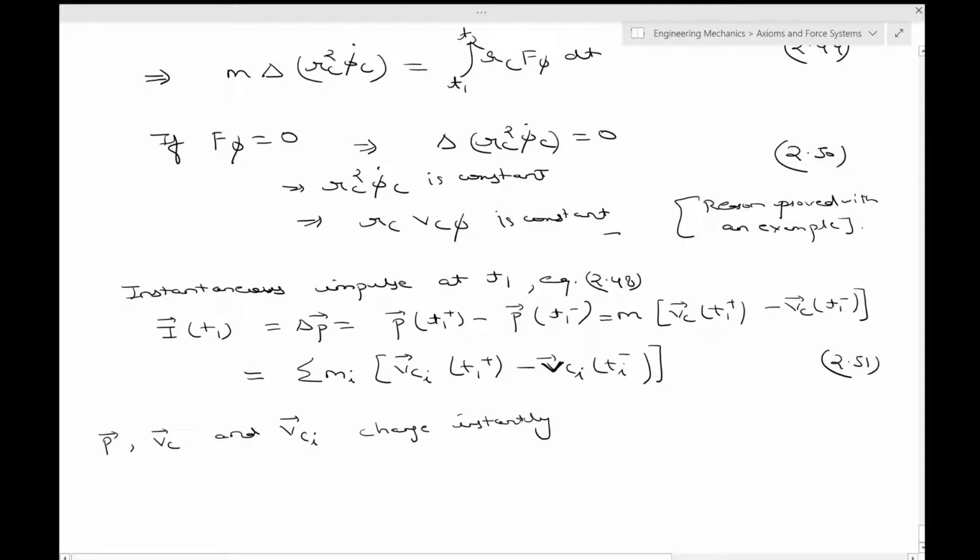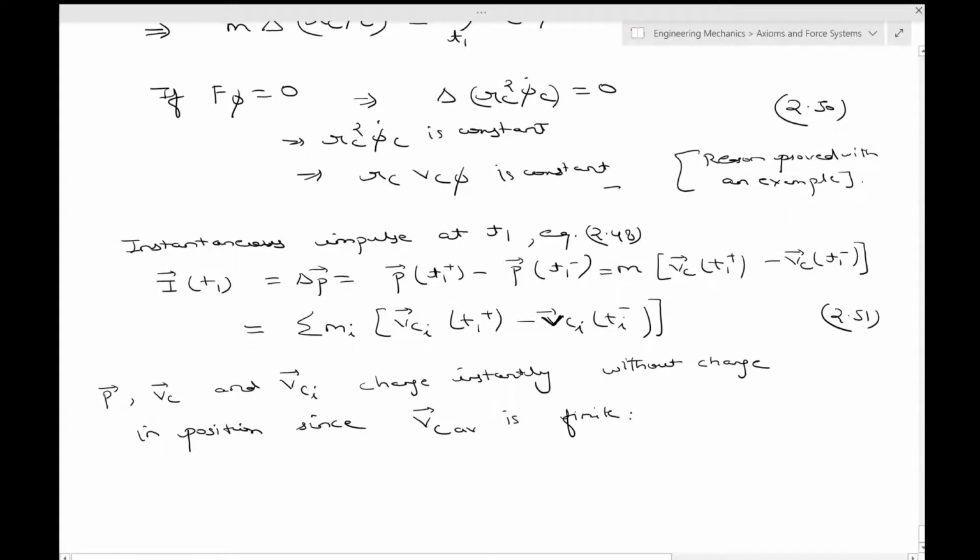Because T1 plus and T1 minus are just immediate instants of each other, and they do that without change in position, since VC F is finite.